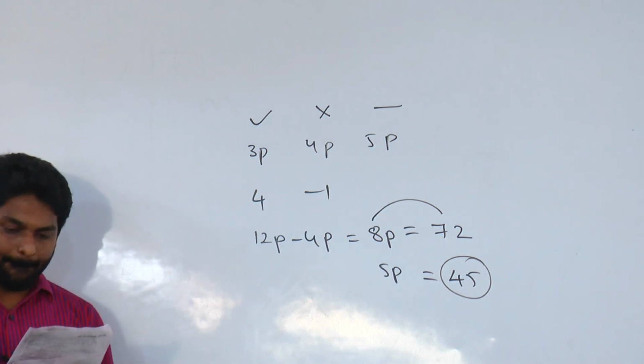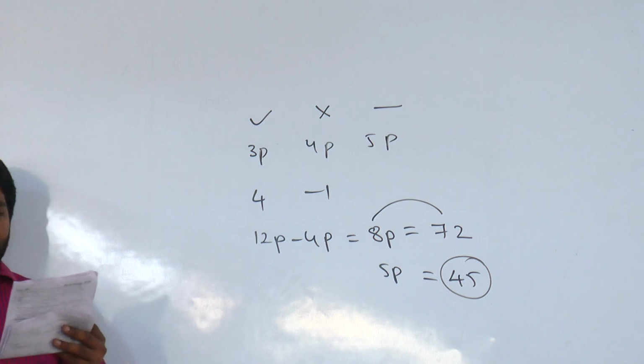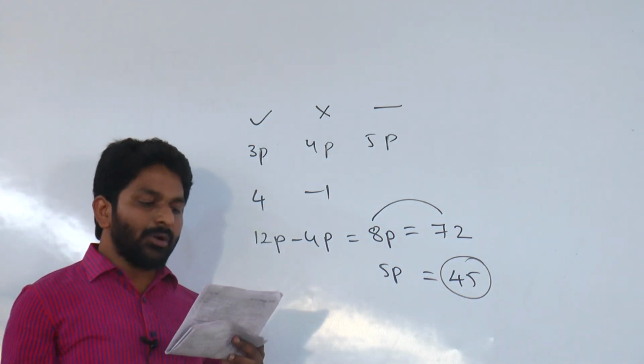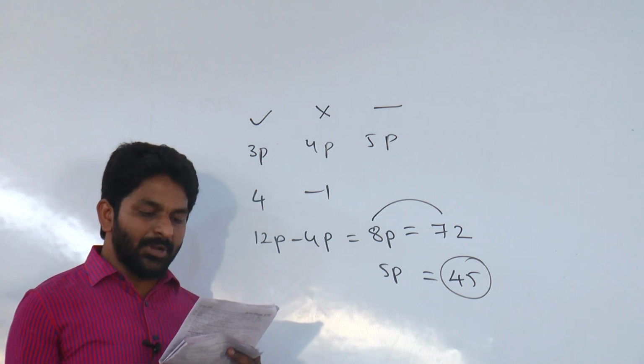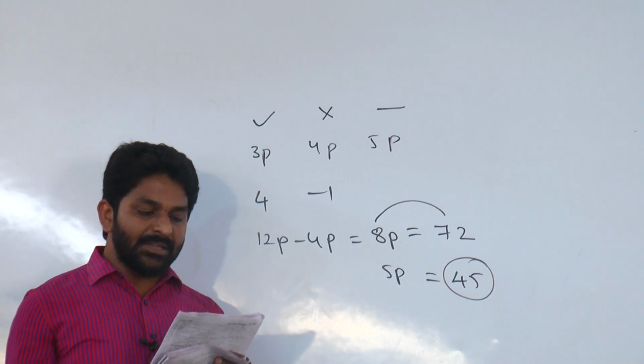Next, in a one day cricket match, the captain of one of the teams scored 25 runs more than the average runs scored by the remaining 5 batsmen of that team who batted in the match. If the total runs scored by all batsmen of the team were 295, how many runs did the captain score?